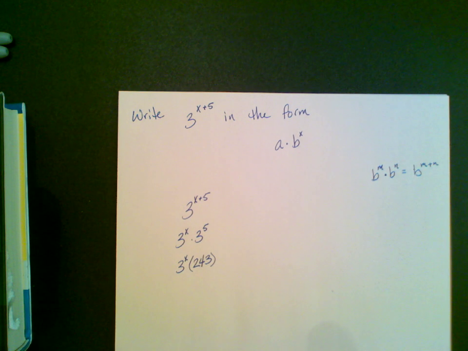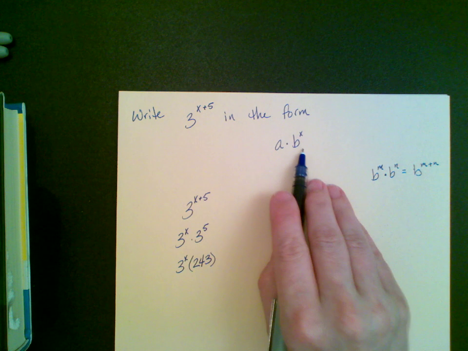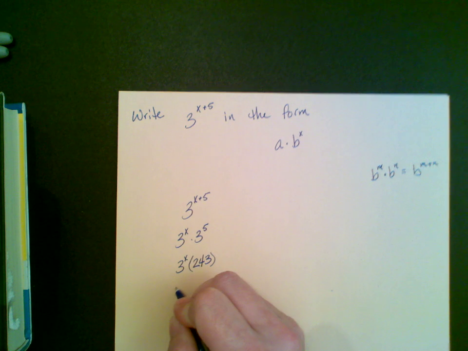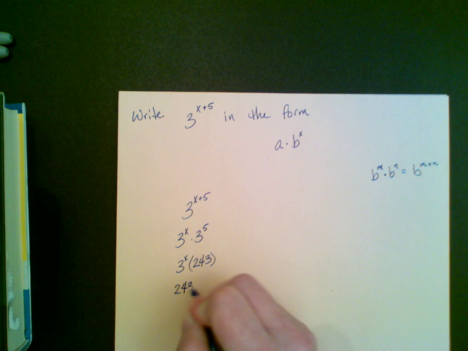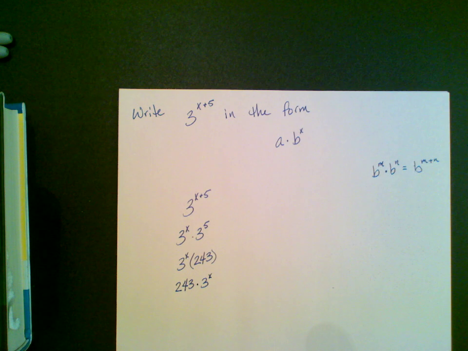And now the only other thing I want to do is, it did ask me to put the number that's not raised to an exponent in front, so I'm going to write this as 243 times 3 to the x. And there we have it. This is going to be more useful in certain situations, which will come up later. And that is our introduction to exponentials and exponential functions.